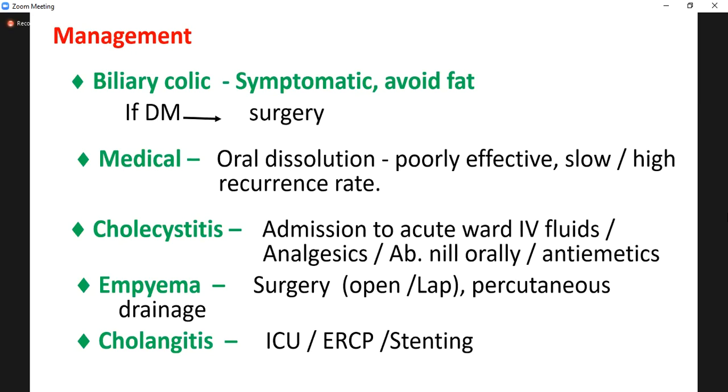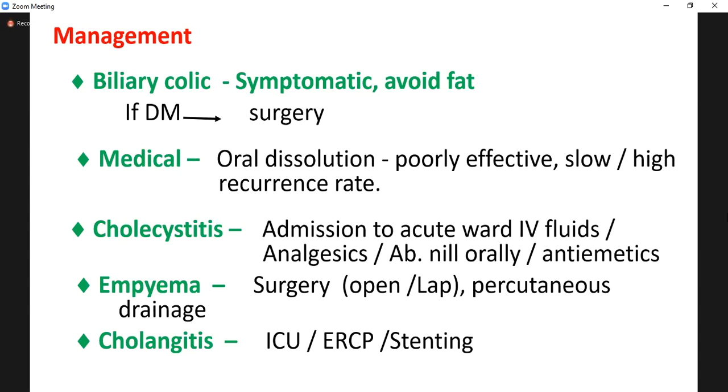So you will have to stabilize them with antibiotics and fluids, stabilize their cardiovascular compromise, and offer them surgery. Percutaneous ultrasound-guided drainage of that pus, or you can offer open or laparoscopic removal of the gallbladder, depending on your availability of facilities and your expertise. But if there's empyema, that pus inside the abdomen has to come out as quickly as possible. So the best thing would be to do a percutaneous ultrasound-guided drainage tube into that gallbladder.